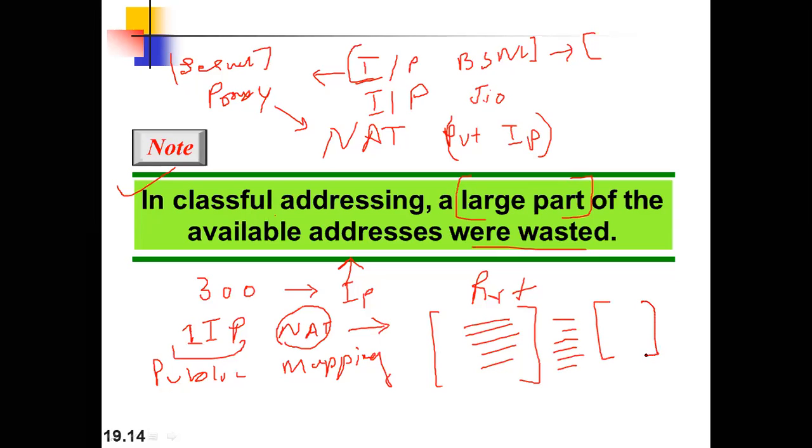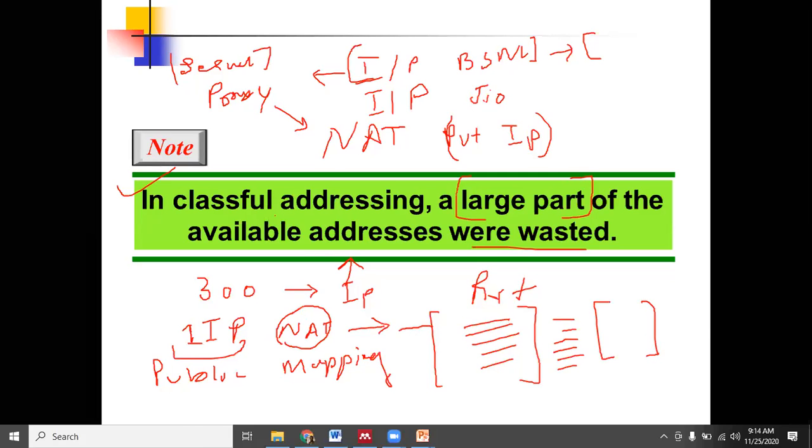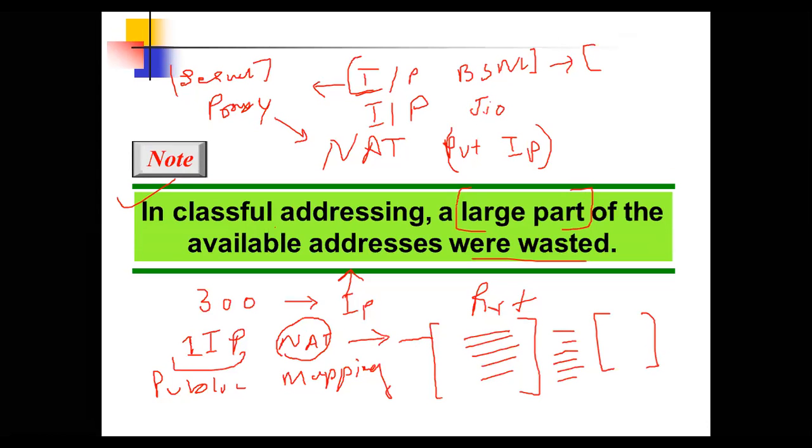There is a set of private IP addresses that we can allot to our PCs, and these PCs are served with the help of this server, known as the network address translator, right? And how is it working? When a packet wants to transmit outside the network, we put the public address over that private address, and this table is maintained by the NAT, the network address translator.